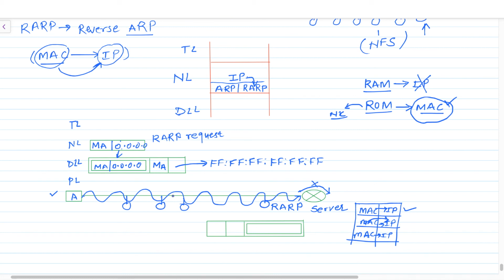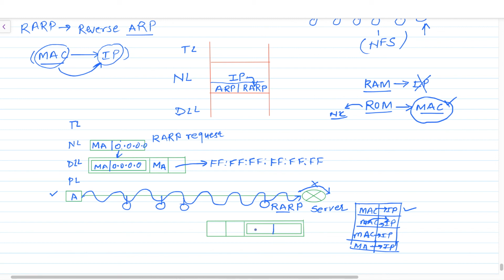So in this network, all the hosts are going to listen to this request, but as it is a RARP request, only the RARP server is going to reply. In order to reply, the RARP server will check the MAC address. Suppose here is an entry MA. So it will take the IP address associated with its MAC and prepare the reply.